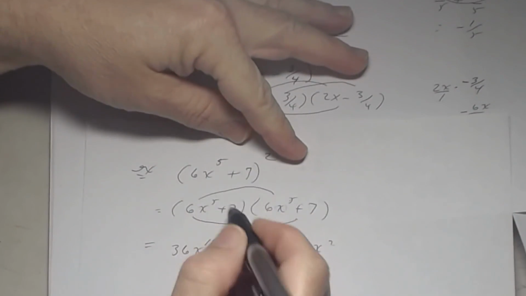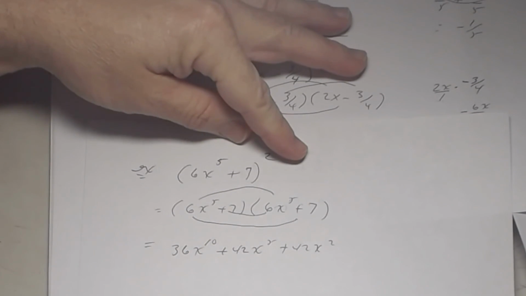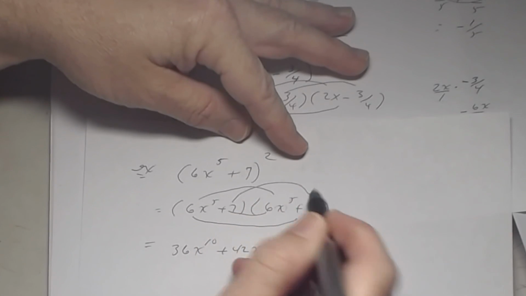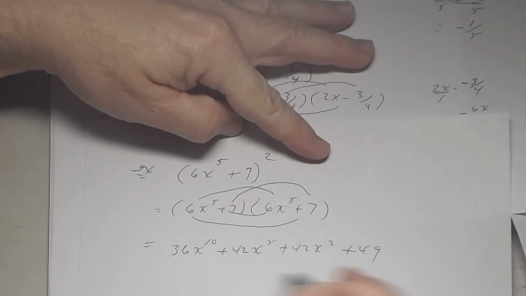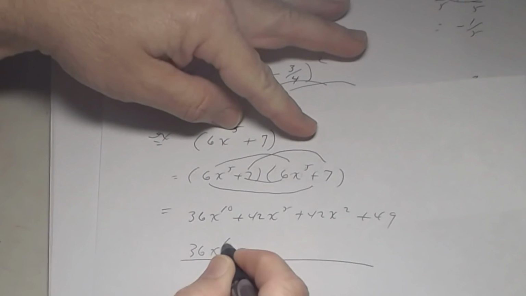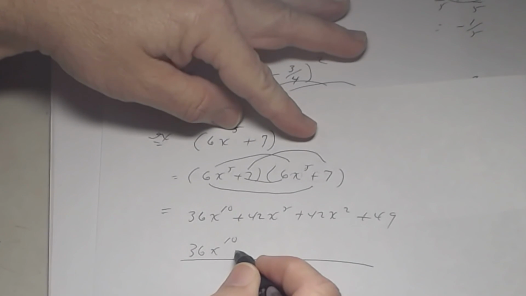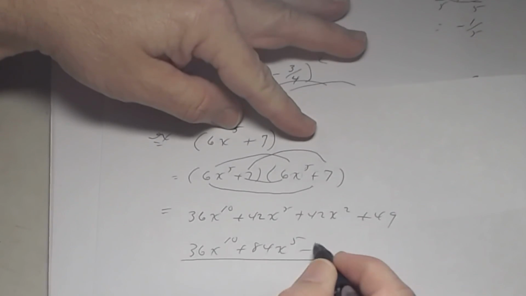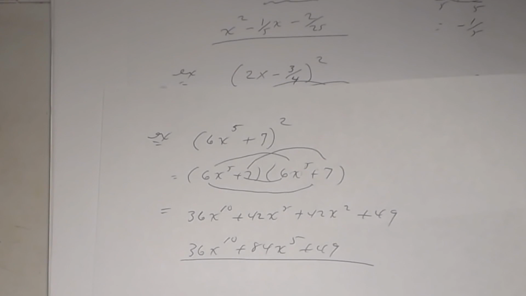And it is. 7 times 6x to the 5th is 42x to the 5th. So you still get the same thing. And then the last, what's a 7 times a 7? And so therefore, what's your answer? 36x to the 10th plus 84x to the 5th plus 49. Okay? And that was it.